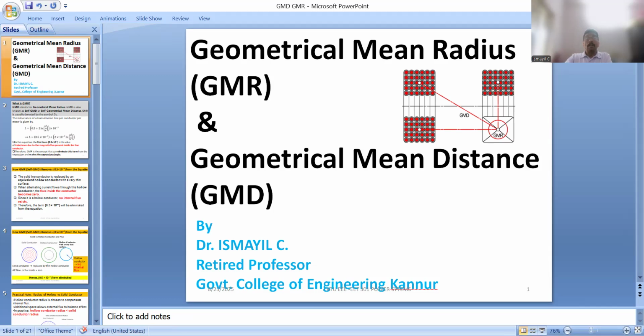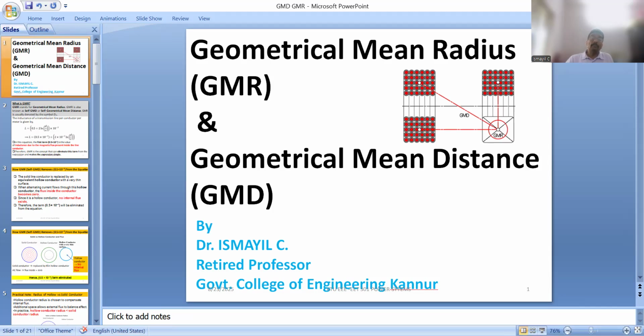So, there are two cases. One is a symmetrical three-phase line and another one is an unsymmetrical three-phase line. And here also there will be two more classifications that will come later.